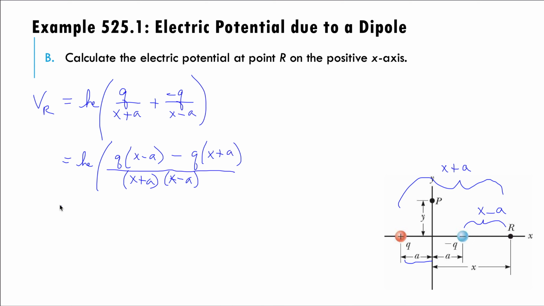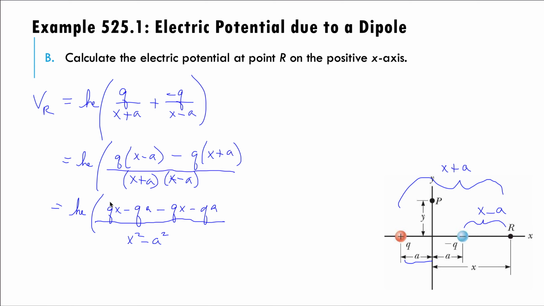right, where I multiplied both of these by x minus a and both of these by x plus a. And so now we're going to have Ke, we're going to have Qx minus Qa minus Qx minus Qa all over x squared minus a squared.